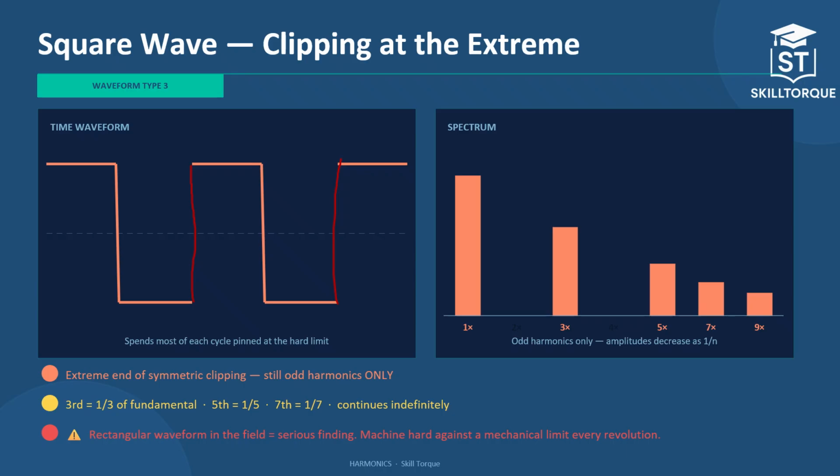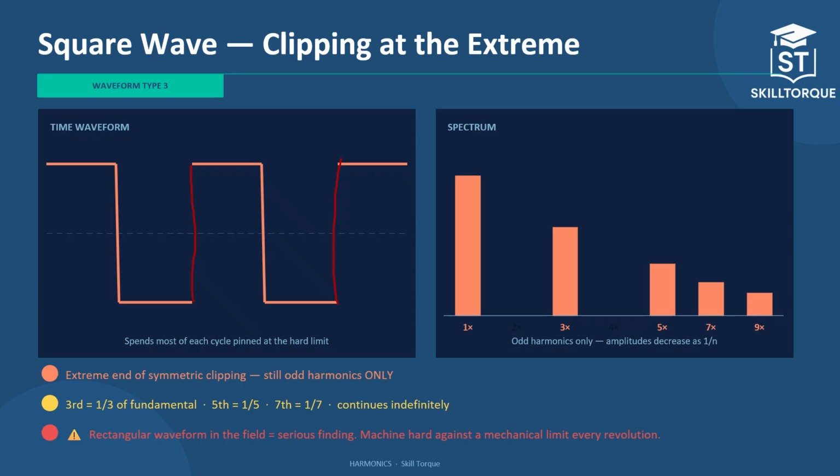You will very rarely see this, but we are covering it just to clear all kinds of waveforms that can be there. The machine is spending a significant portion of the revolution hard against a mechanical limit. That means one side has a very hard restriction, and the other side also.